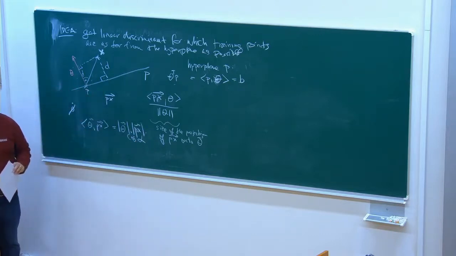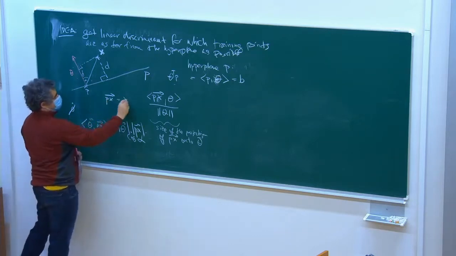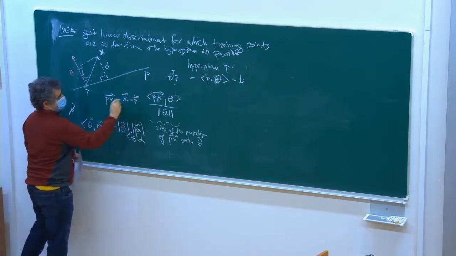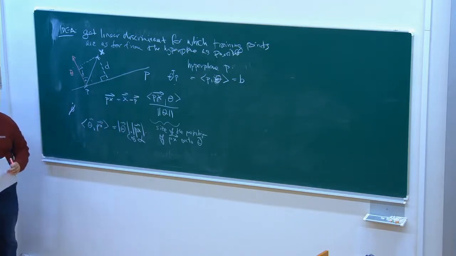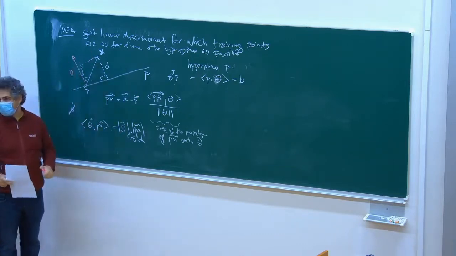What exactly is the vector px? Px is simply vector x minus vector p, so that's the line from p to x.